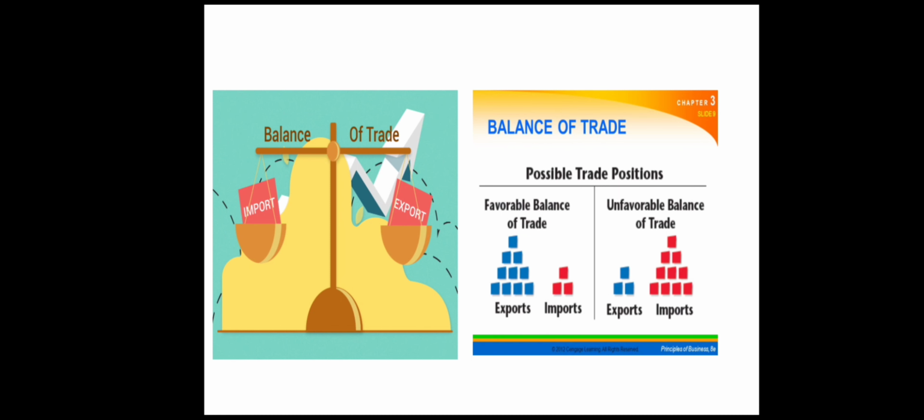Dear students, when the value of export exceeds the value of imports, it is called a favorable balance of trade. Whereas when the value of imports exceeds the value of exports, it is termed as unfavorable balance of trade.